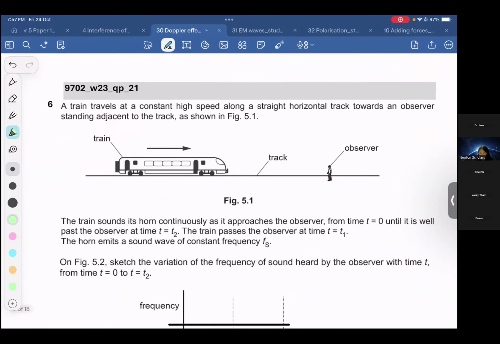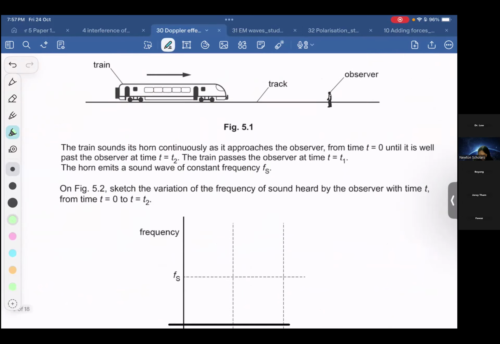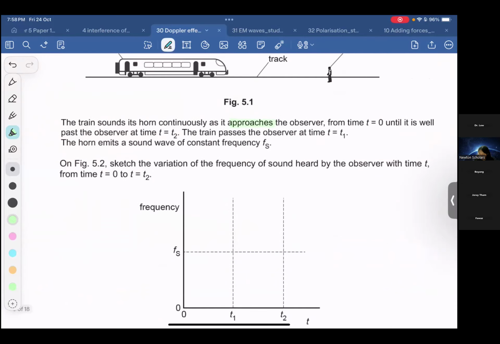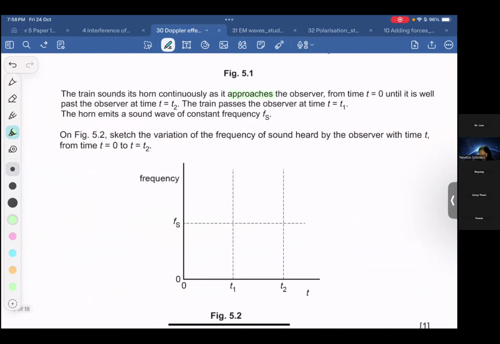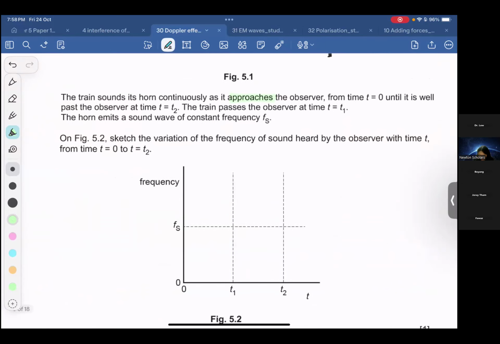Here, a train travels at a constant high speed along a straight horizontal track towards, keyword towards, an observer standing. The train sounds its horn continuously as it approaches, from t equals 0 until it is well past the observer at time t equals t2.